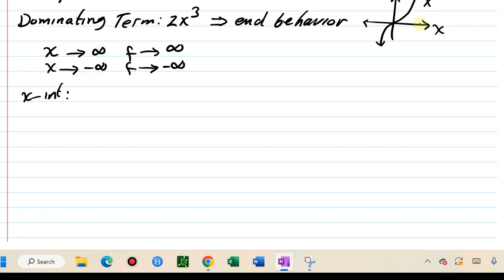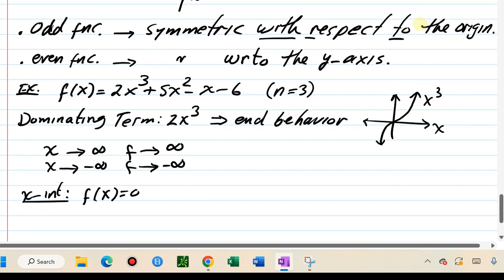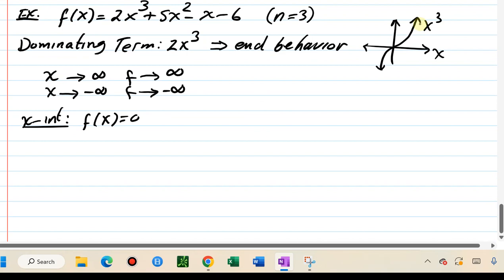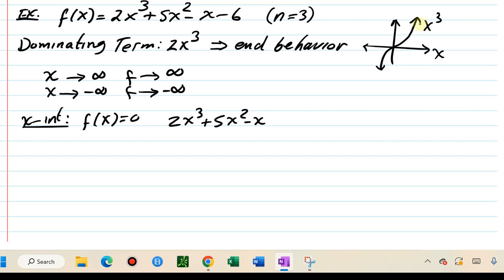We need to solve the equation. We're going to set f of x equals 0. And f of x was that function. So I'm going to let 2x cubed plus 5x squared minus x minus 6 be 0. Now to find the zeros of this, we're going to use the rational zeros. Remember P and Q we talked about in the previous section. P, all factors of the constant: plus or minus 2, plus or minus 3, plus or minus 6.